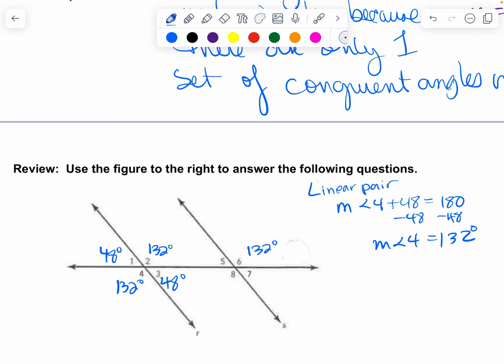Angle 3 and angle 5 are alternate interior angles. Angle 2 and angle 8 are alternate interior angles. Angle 1 and angle 7 are alternate exterior angles, so they are equal.